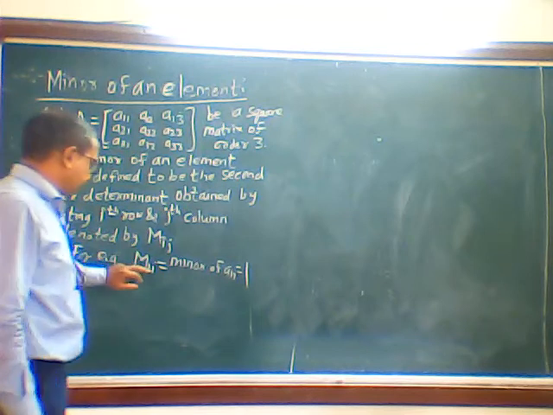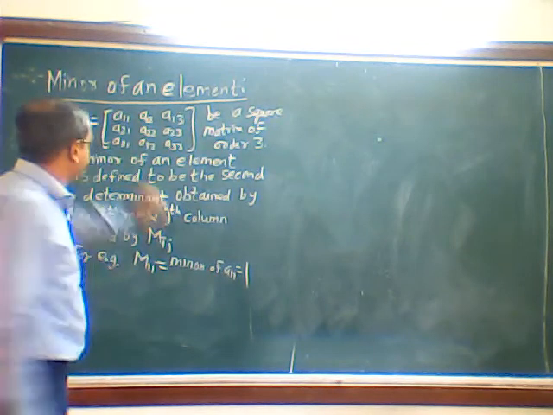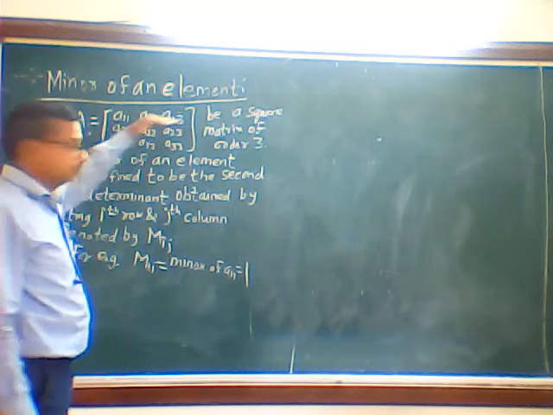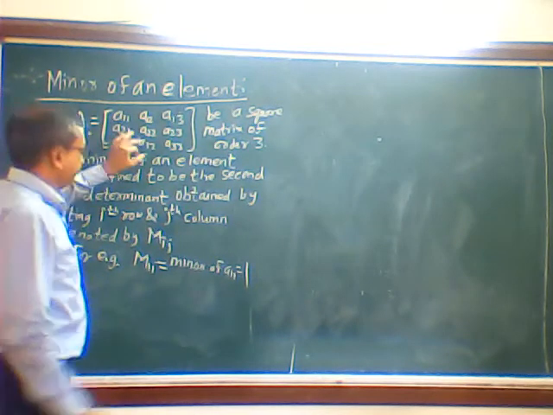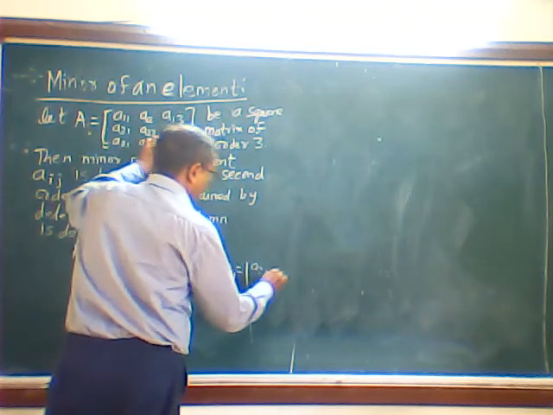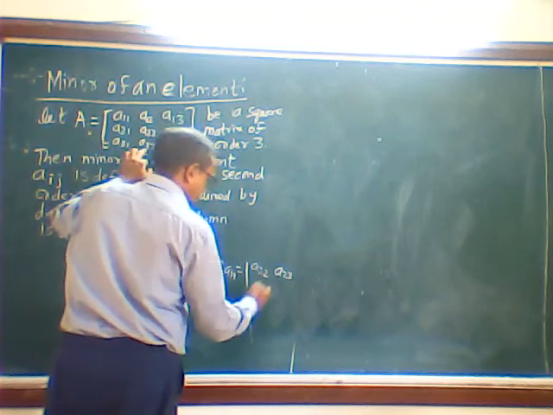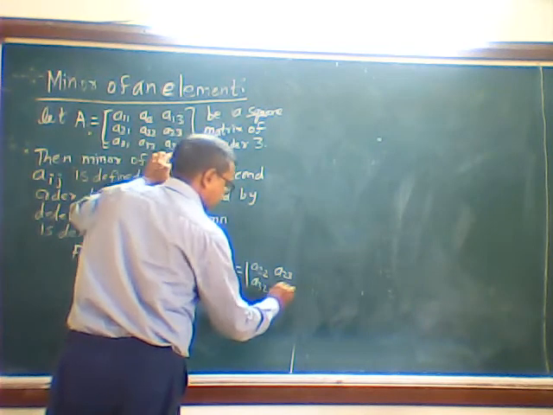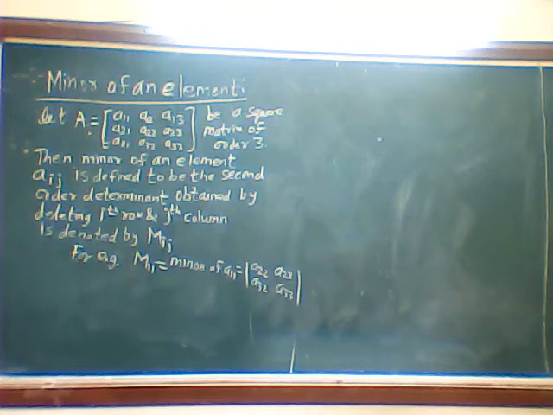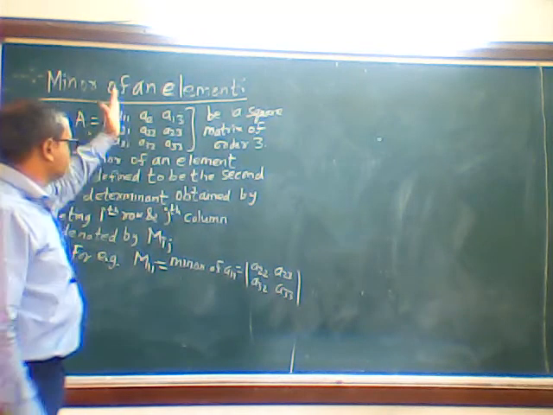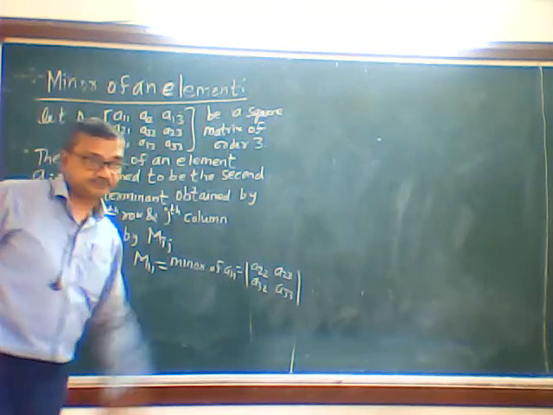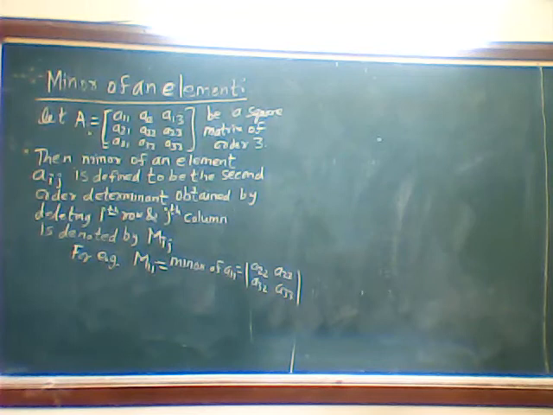Now I am saying M11, minor of A11, which means you are going to delete the first row and first column. So automatically this will become a second order determinant: A22, A23, A32, A33. Got it? The first row and first column are deleted. So that is minor M11.